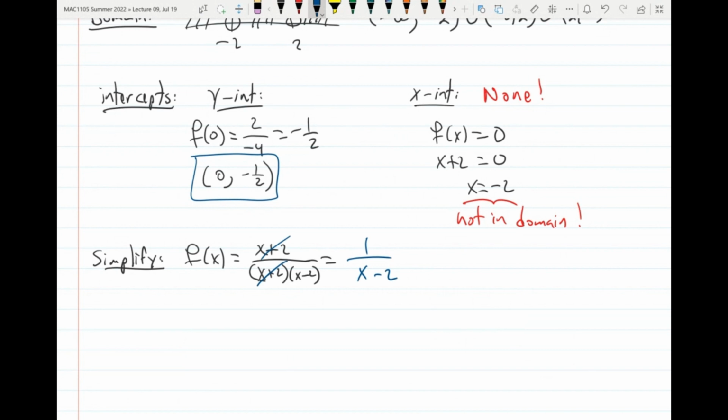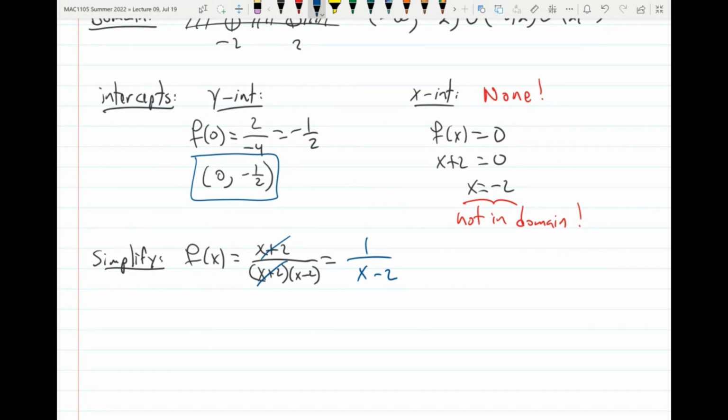The only difference is that the graph of our function will look just like this one. It's just that our function is gonna have a hole. Where? What is it? Say it louder. So x equals -2. Okay? So our function is going to have a hole at x equals -2, while this one doesn't have any hole.